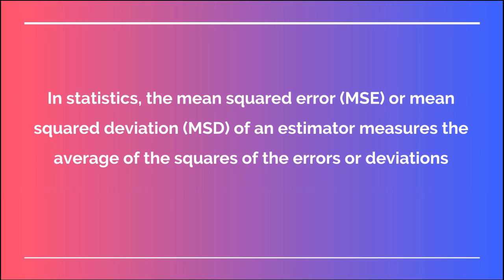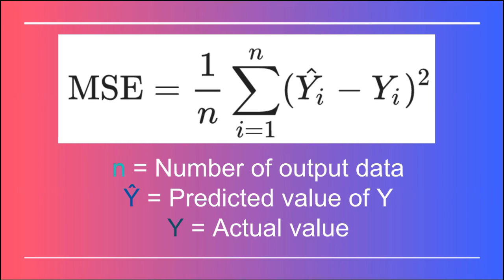In statistics, the mean squared error, MSE, or mean squared deviation, MSD, of an estimator measures the average of the squares of the errors or deviations, as follows.